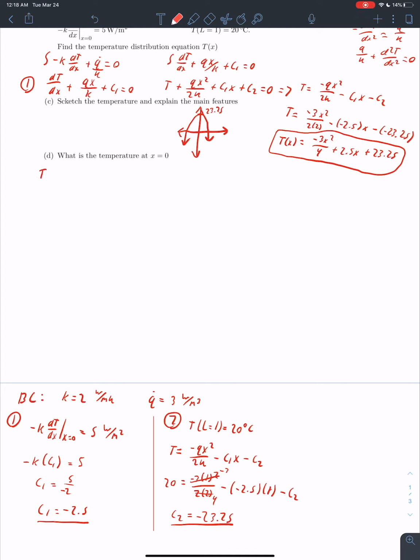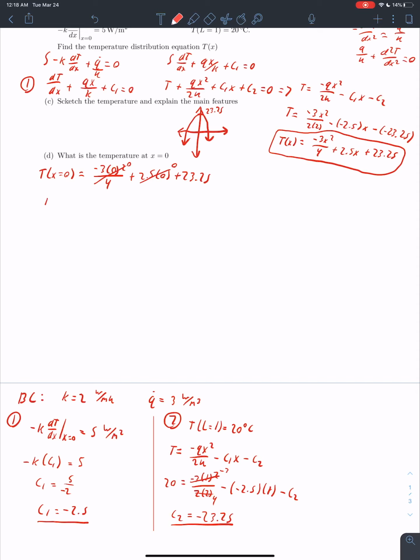If we're considering when x is equal to 0, we'll just solve this equation for x equal to 0, which we kind of just did. So that's 0.